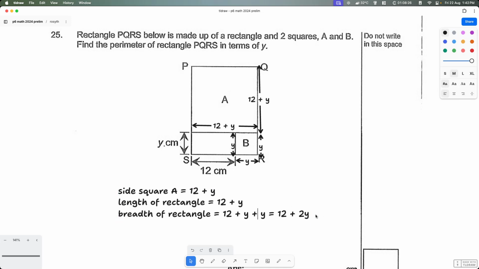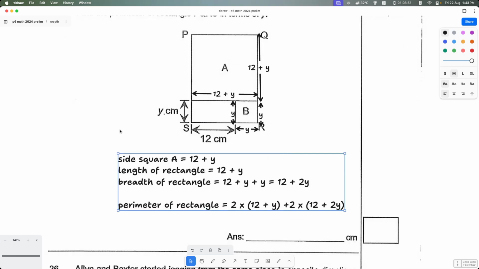Then perimeter of rectangle is equal to 2 times (12 plus y), plus 2 times (12 plus 2y).